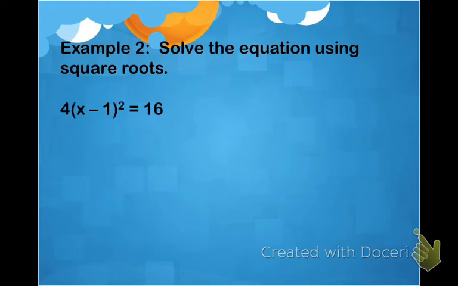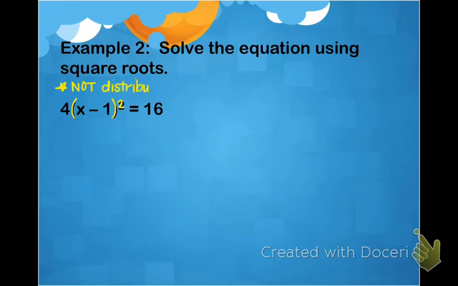Here's one where we have a squared quantity instead of just a squared variable. So if we look at this, I have 4 times the quantity x minus 1 squared equals 16. Now, these parentheses have a job. They are to square that x minus 1, which means you cannot distribute this 4.